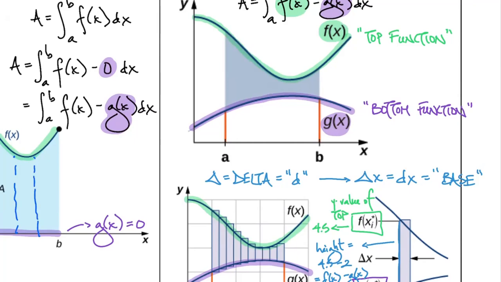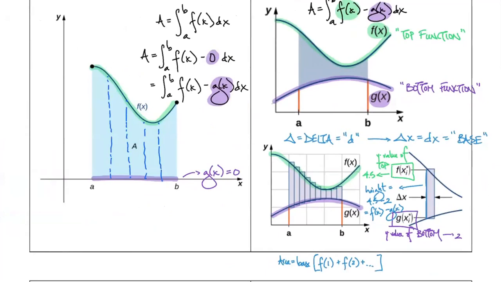Exactly. Okay, if you sit and you draw an infinite number of rectangles, this base becomes so small that basically what we end up doing is finding the height of a line. That's the f of x minus g of x.